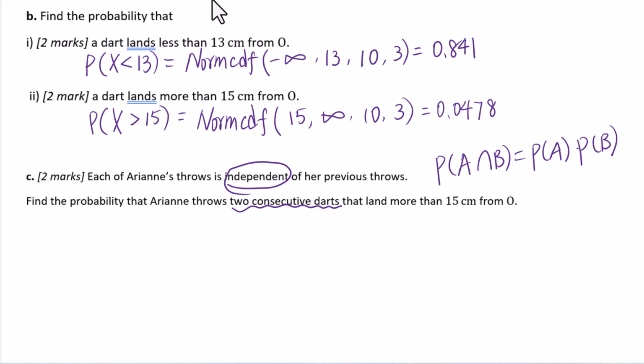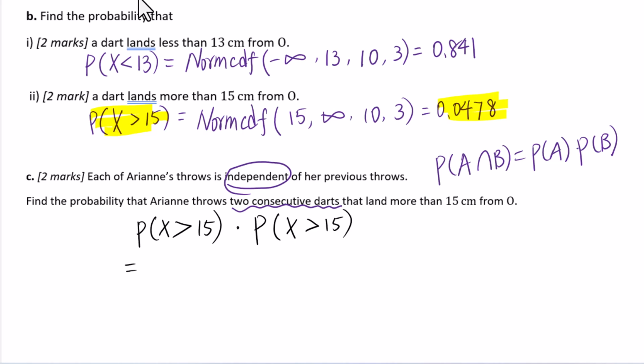We already figured out the probability of X greater than 15 is 0.0478. So the probability of X greater than 15 for the first dart times the probability of X greater than 15 for the second dart.